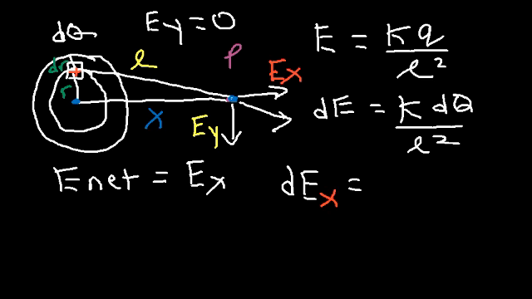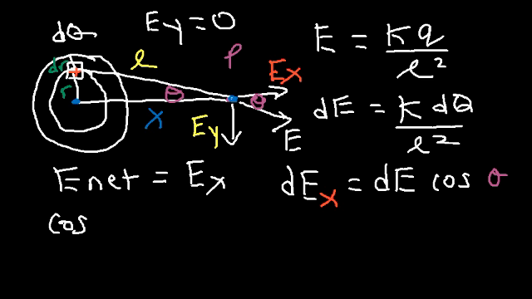dEx is basically dE times cosine theta, where theta represents this angle. It's also equal to that angle. And here's the electric field E. So what is cosine theta? Cosine theta, according to SOH CAH TOA, is equal to the adjacent side divided by the hypotenuse.